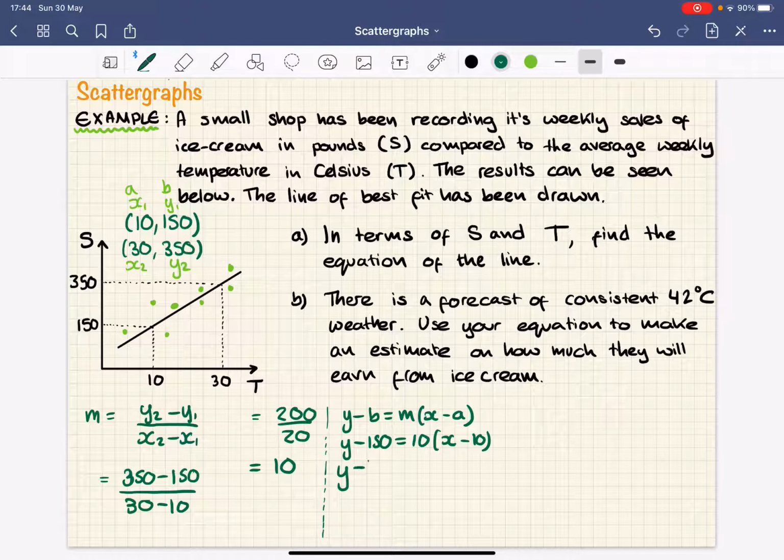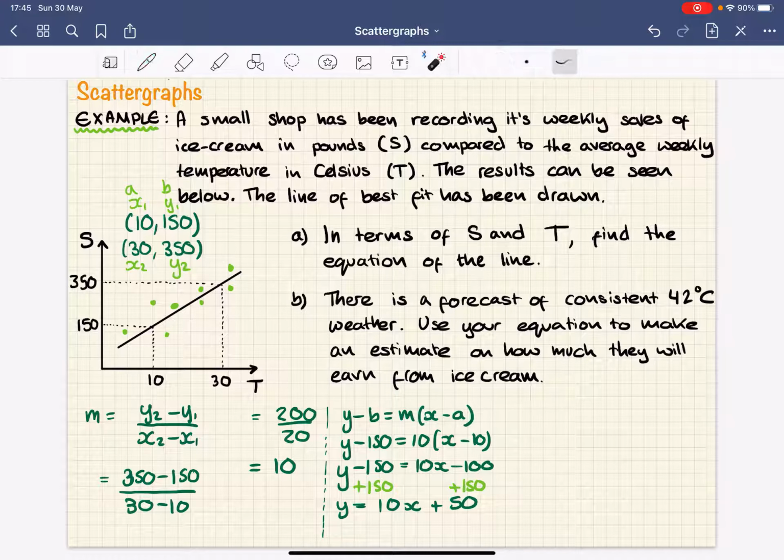So that's y minus 150 equals 10x minus 100. And then I'm going to add that 150 to both sides, and I'm now left with y equals 10x plus 50.